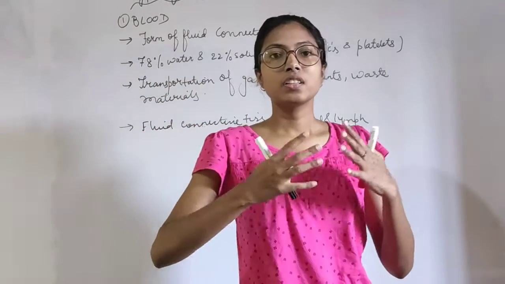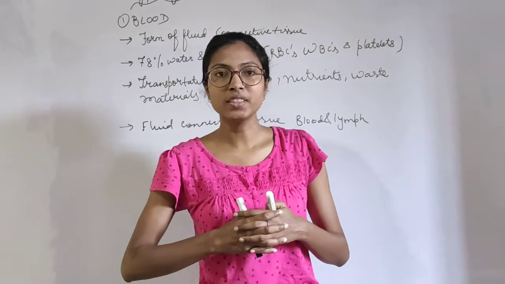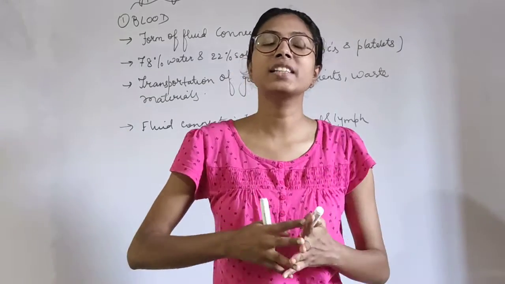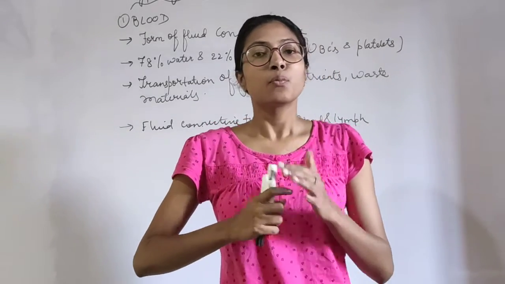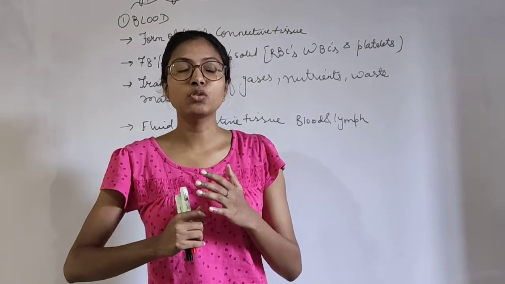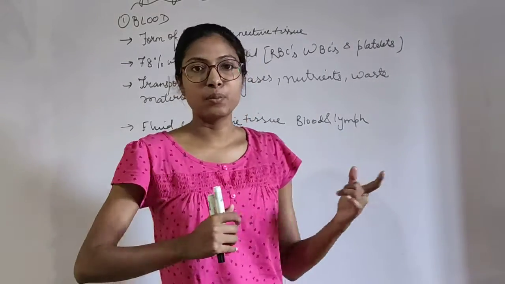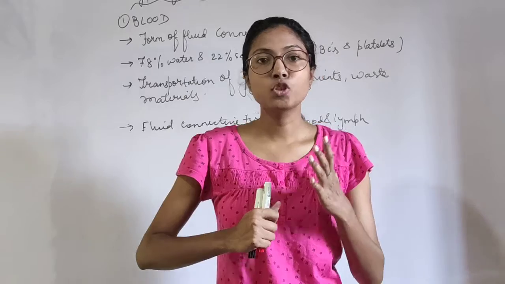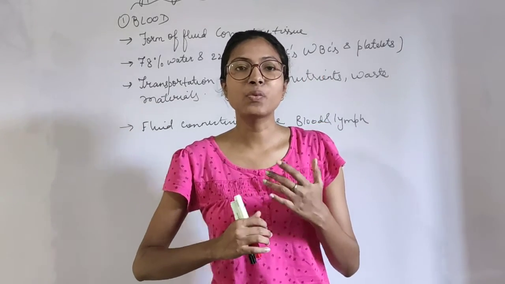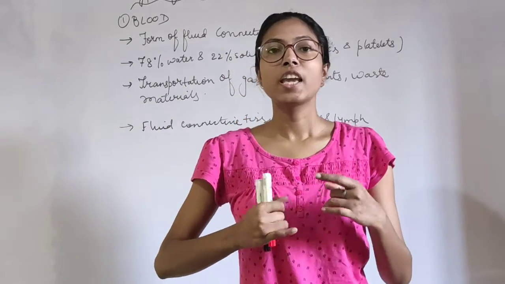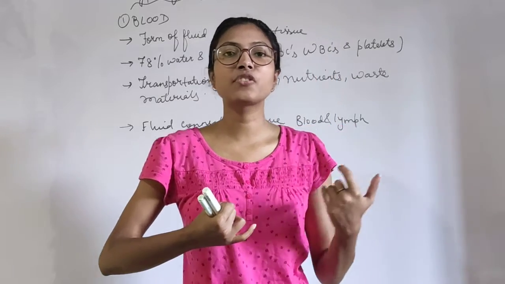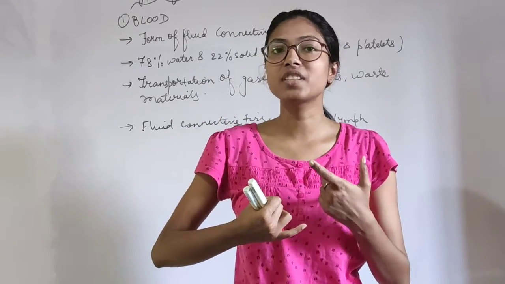When transportation occurs in our body, that is the circulatory system, which you will study in class 10 in much detail. But for now, I just want to tell you that blood and lymph are the two types of connective tissue present in the circulatory system. Blood helps in the transportation of gases, waste materials, nutrients, etc.